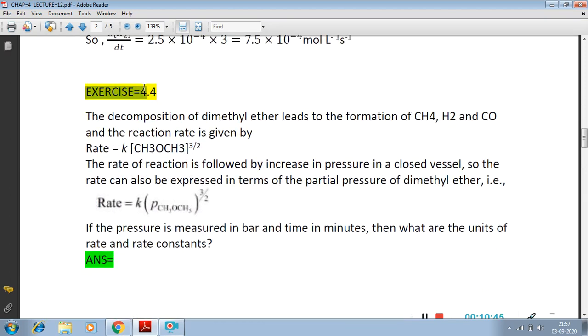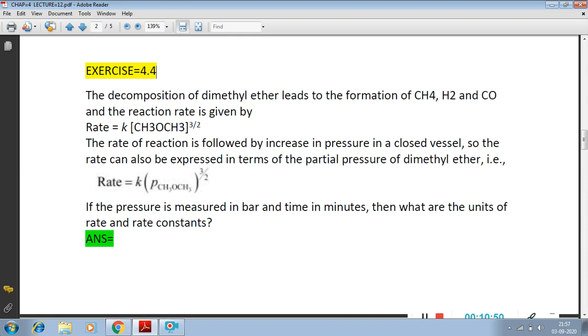Moving further, question number 4.4 from your exercise. The question is like this: the decomposition of dimethyl ether leads to formation of CH4, that is methane, H2, that is hydrogen gas, CO, that is carbon monoxide, and reaction rate is given by rate is equal to K into concentration of CH3OCH3 raised to 3 by 2.